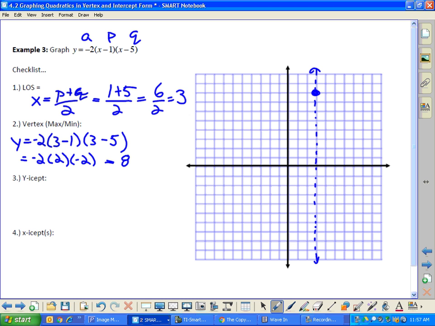We know our x-intercepts already, so I'm going to jump down and do that. That's just your P and your Q. So there's not really a whole lot of work for these. It's just 1, comma 0 and 5, comma 0.